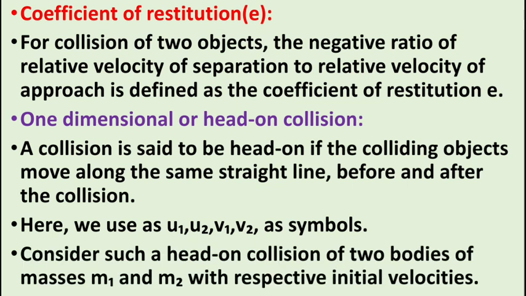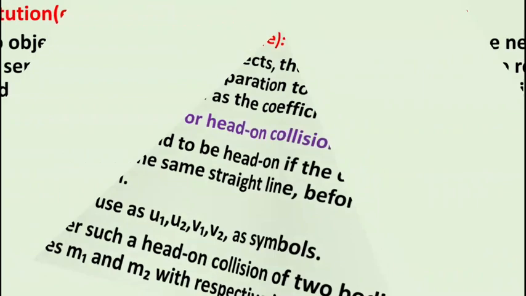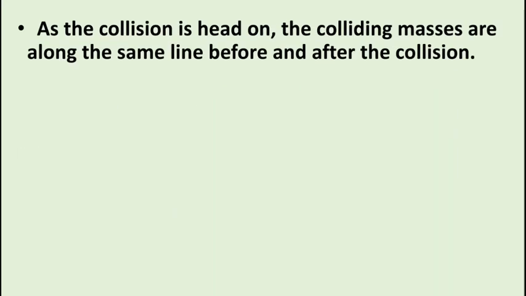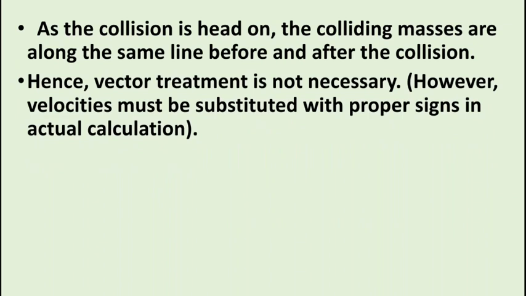Consider such a head-on collision of two bodies of masses m1 and m2 with respective initial velocities. As the collision is head-on, the colliding masses are along the same line before and after the collision. Hence, vector treatment is not necessary.